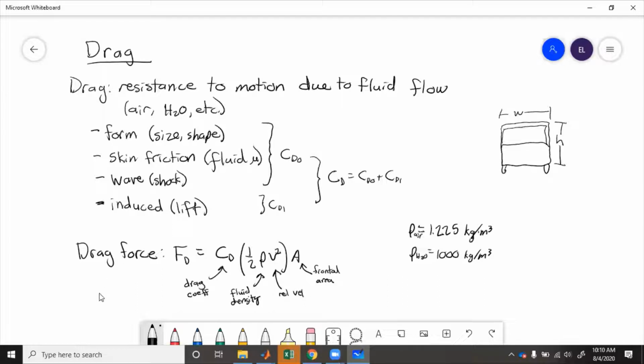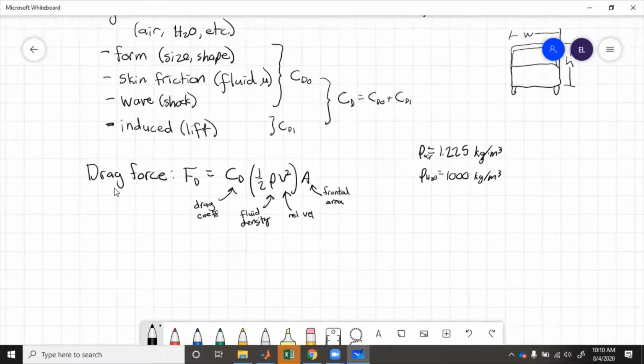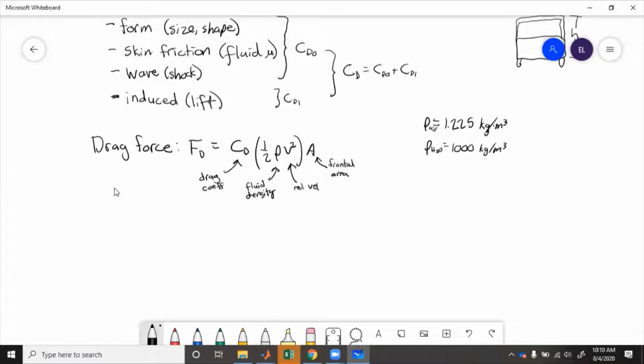Now we'll look at some common drag coefficients. So for a car, CD would be 0.2 to 0.3. Normally for a convertible, it's a lot higher because it's not smooth.